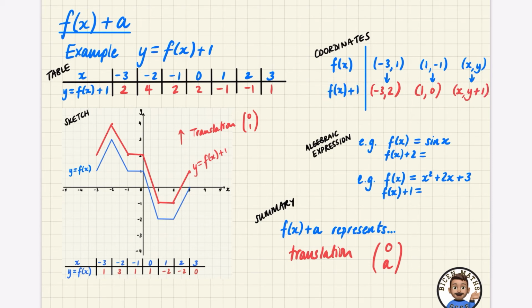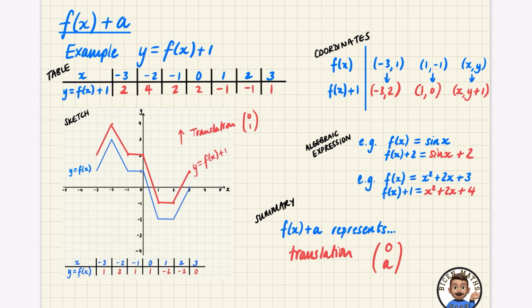If it was an algebraic expression, and I'm going to have a couple of different examples not related to this graph, it's literally going to be the same function but with the extra number added on at the end. So if the function f of x is sine x, f of x plus 2 is just going to be sine x plus 2. And if the function were x squared plus 2x plus 3, and we add an extra 1 onto it, it's going to be x squared plus 2x plus 4.